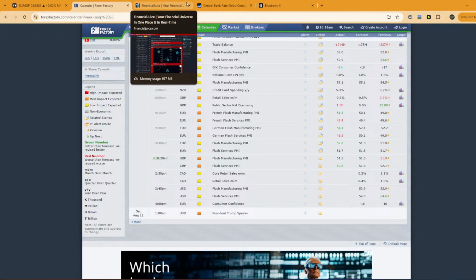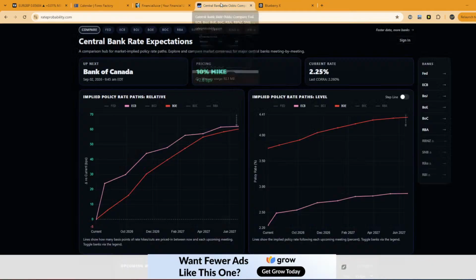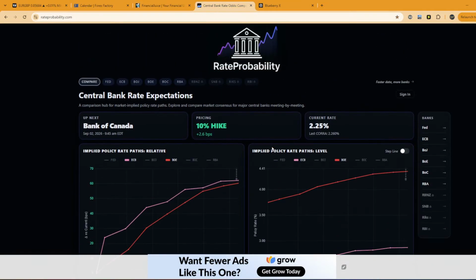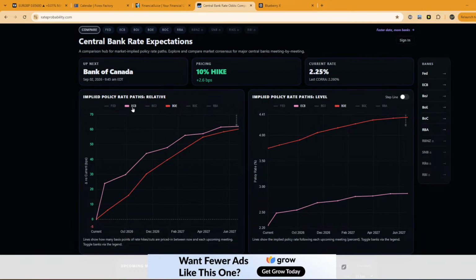So as I explained, that's why I will focus more on expectation from the central banks, the ECB, which is the central bank from Europe, against the Bank of England, the central bank from United Kingdom. As you can see, the pink line represents the ECB expectation. You can see that ECB is more hawkish.